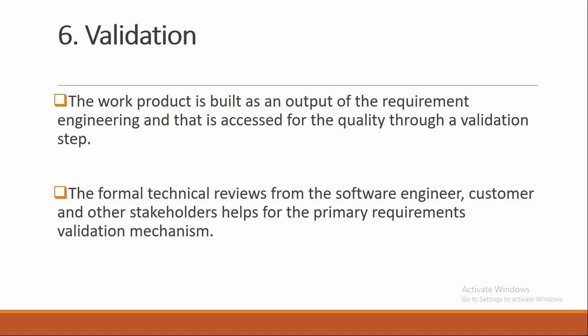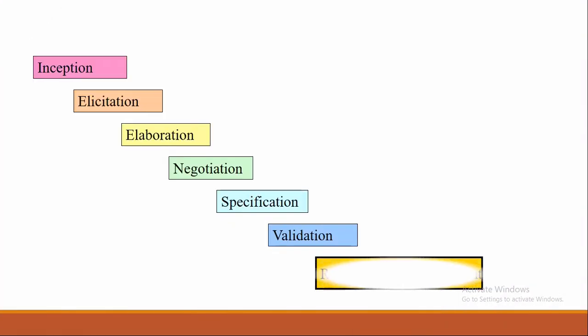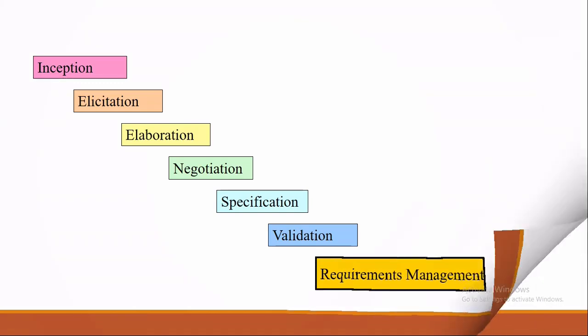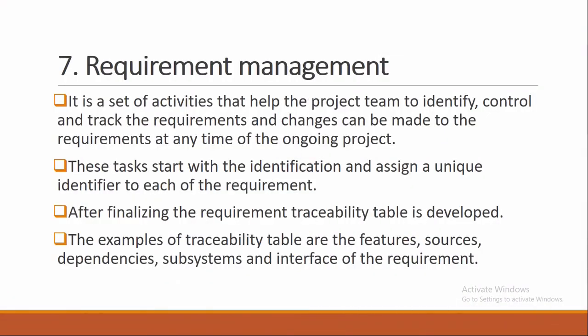Yes, so the next task, or last stage, is requirement management. Requirement management is a continuous process that runs throughout a project. It helps in identifying, tracking and controlling change in requirements.